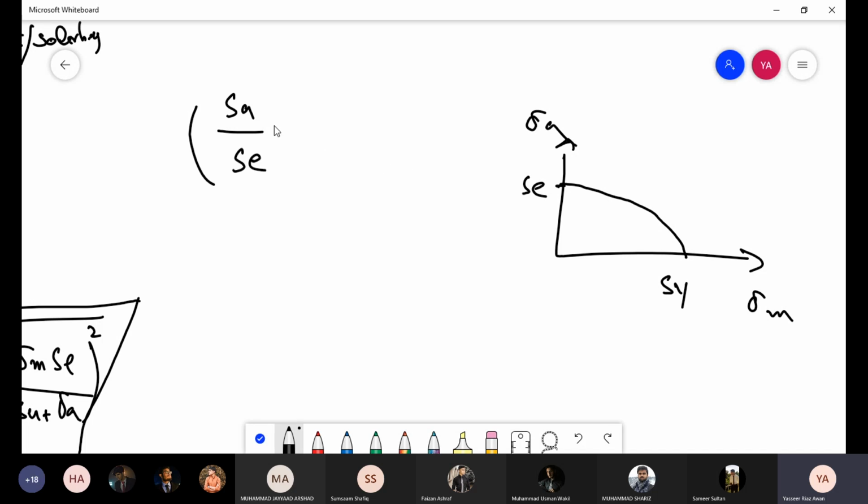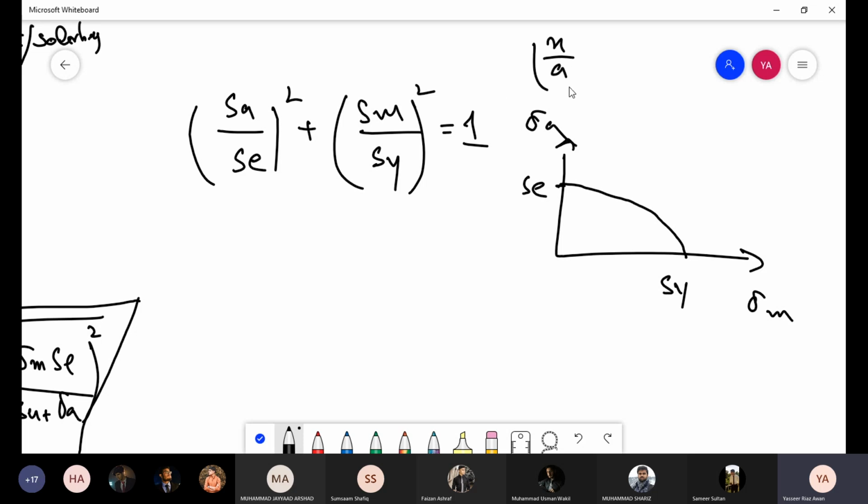SA divided by SE squared plus SM divided by SY squared. And obviously this comes from the ellipse equation. You are familiar with it.